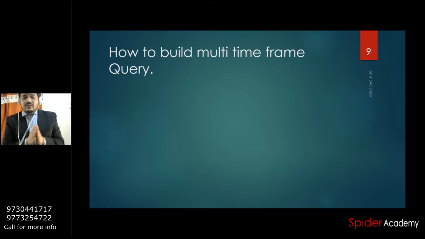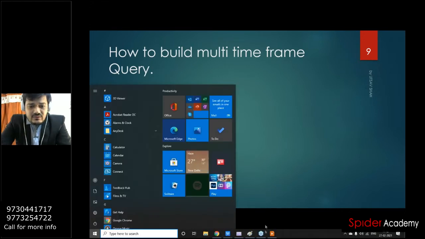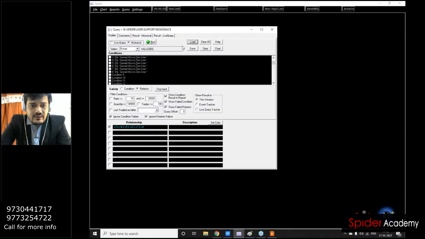The first thing we'll be looking at is how to build multi time frame. Last time we saw how to add the conditions, so you already know about that. Now I'll be showing you how to build multi time frame queries. Last time we just saw one time frame, right? This time, I have already selected a group over here.